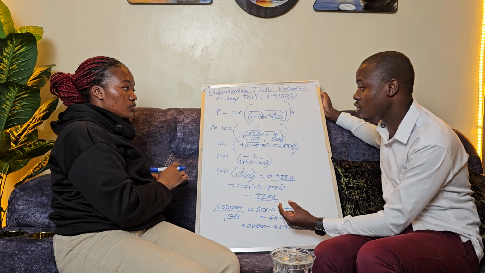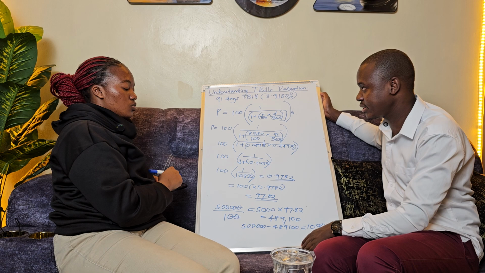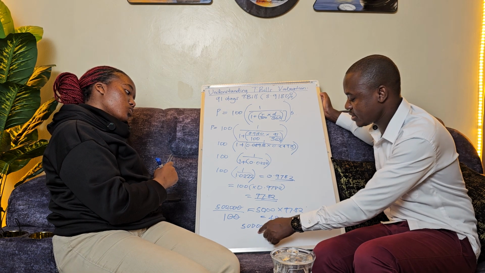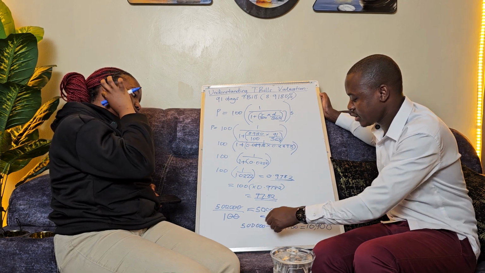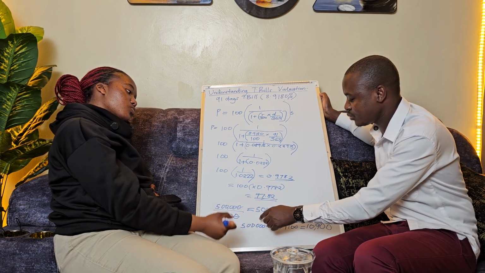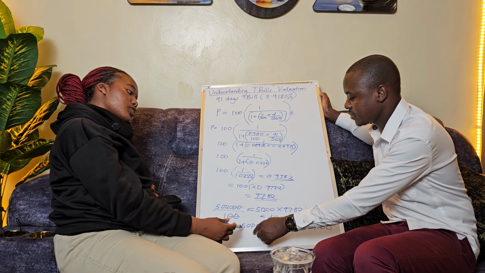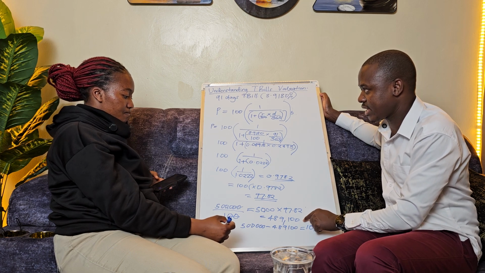Face value or par value is the amount that is recorded in that treasury bill. So if you are investing 500,000, then this is the face value. But the amount that you're going to send to government won't be this. You will send a discounted amount. The difference between the actual price you paid and the face value is the interest. So we are going to add the tax here.